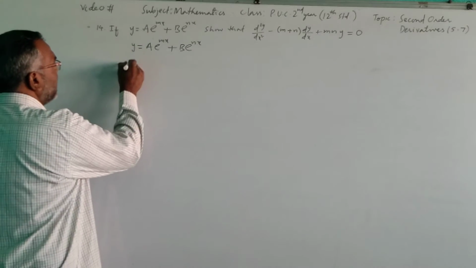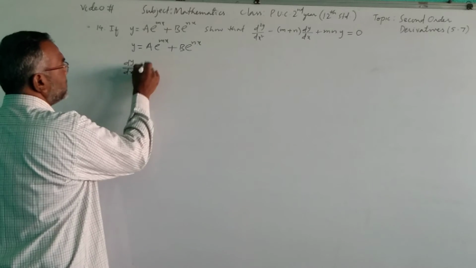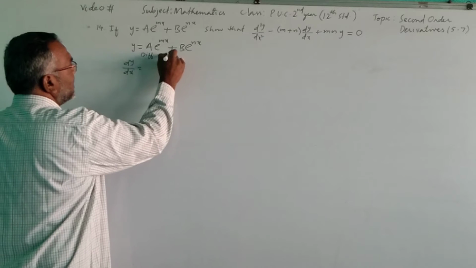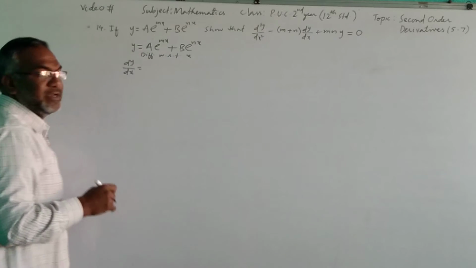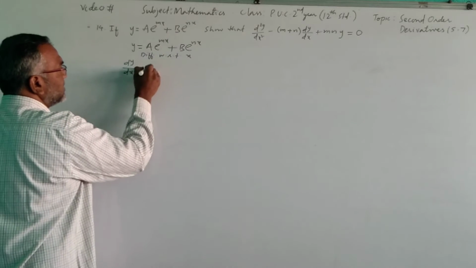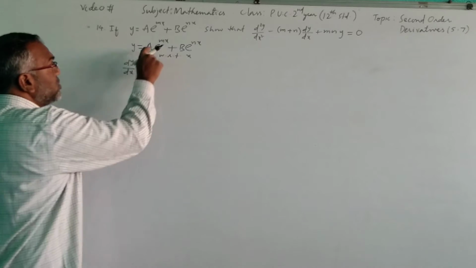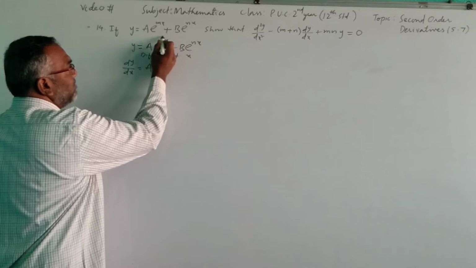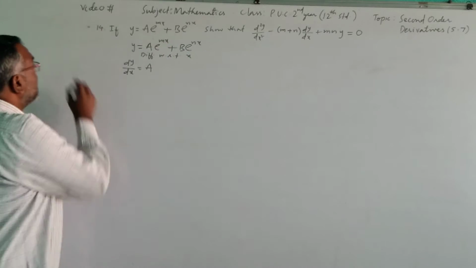dy by dx will be, differentiate with respect to x. Now a is constant, keep it as it is. Differentiation of e to the power of mx is the same as e to the power of x, but in place of x we have mx.